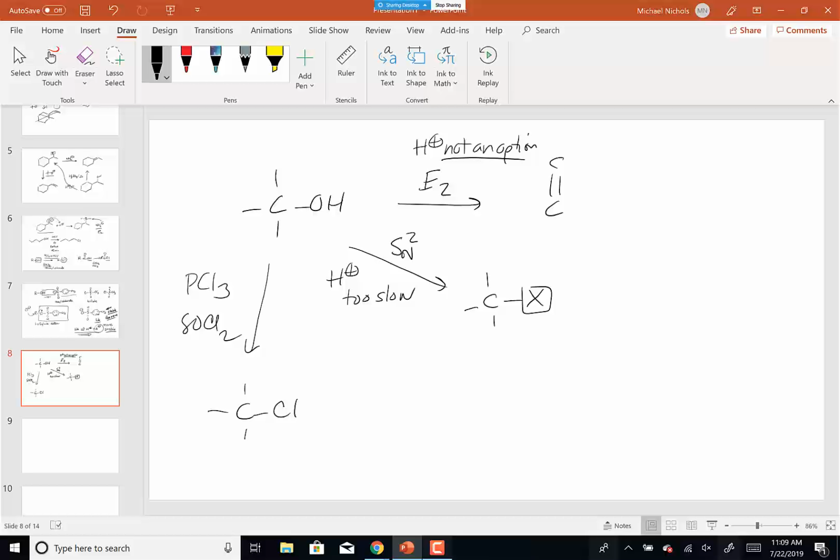Or another way, I guess, is to take your alcohol and react it with your tosyl chloride.